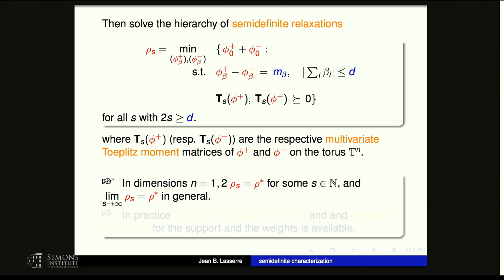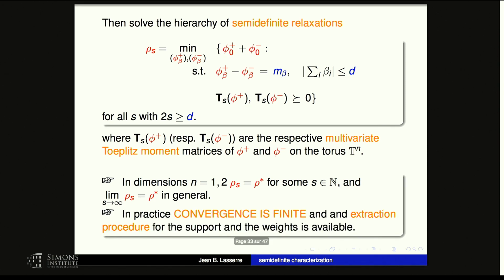And if the dimension is 1 or 2, you are guaranteed to find the exact solution in finitely many steps, and in general only asymptotically. In fact, in practice, convergence is finite, and the extraction procedure can be done.